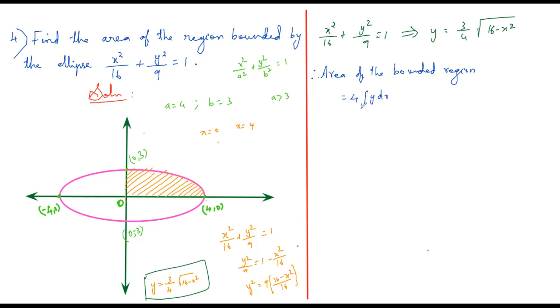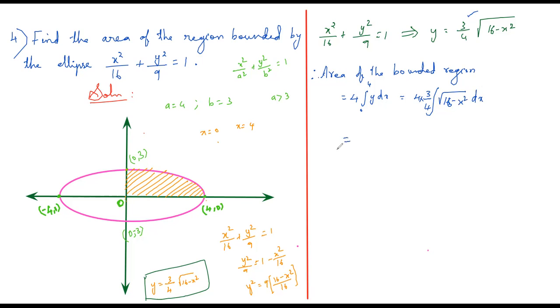The limit varies from 0 to 4, and that is equal to 4 times the 3 by 4, which you can keep outside. The rest you put inside: square root of 16 minus x square dx.